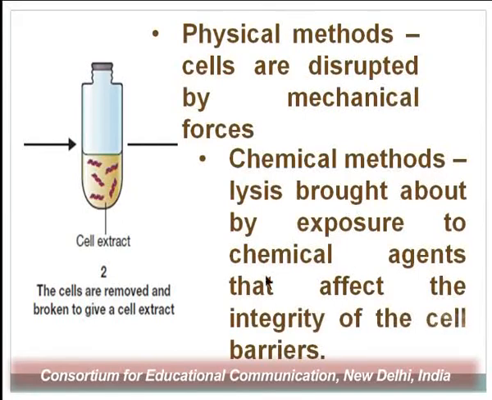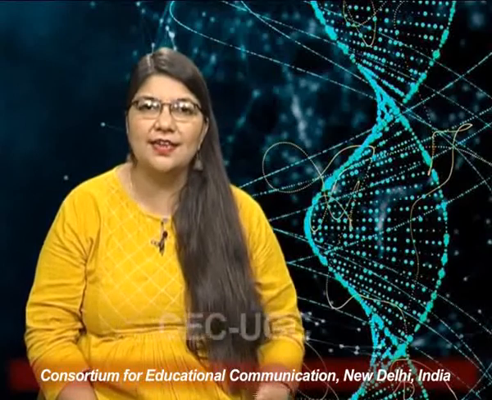Chemical methods involve lysis brought about by exposure to certain chemical agents that affect the integrity of the cell barriers. The important aspect here is that we need to break open the cell wall and the cell membrane and release the contents so that the DNA can come out.